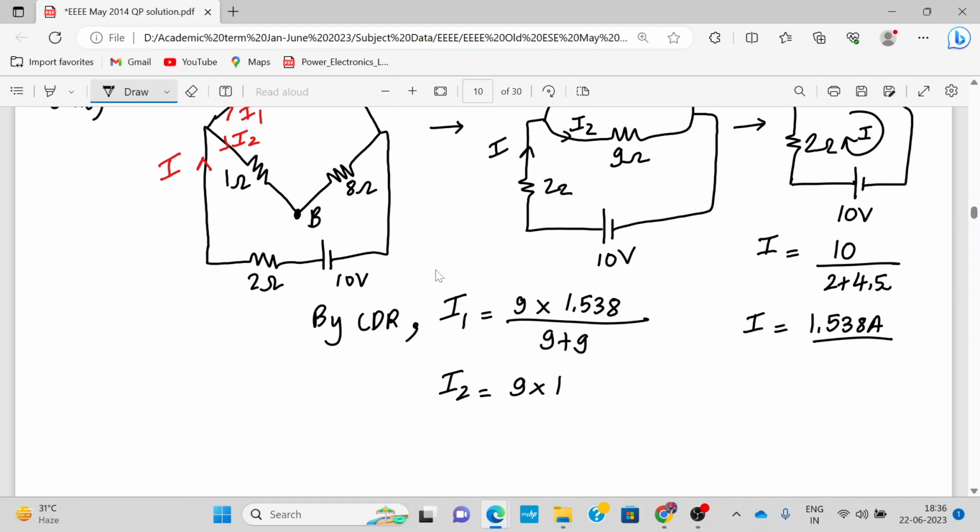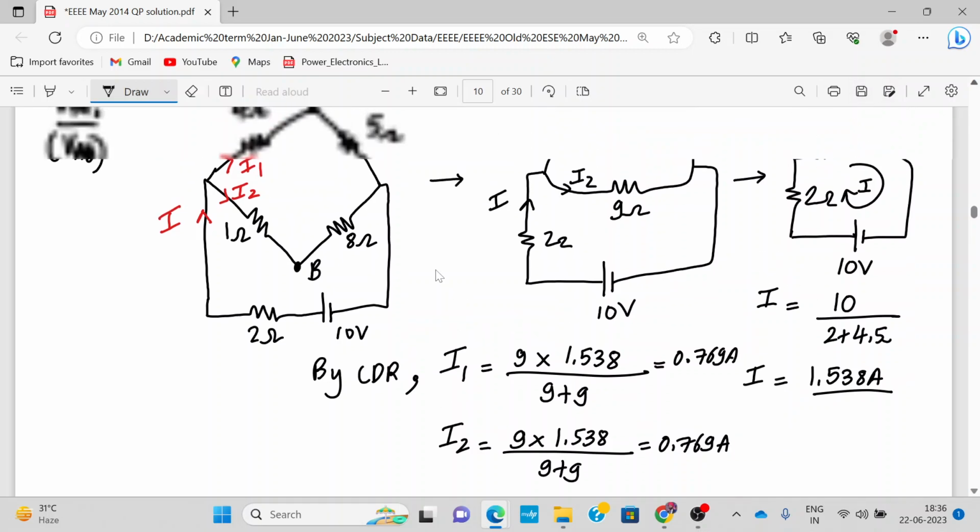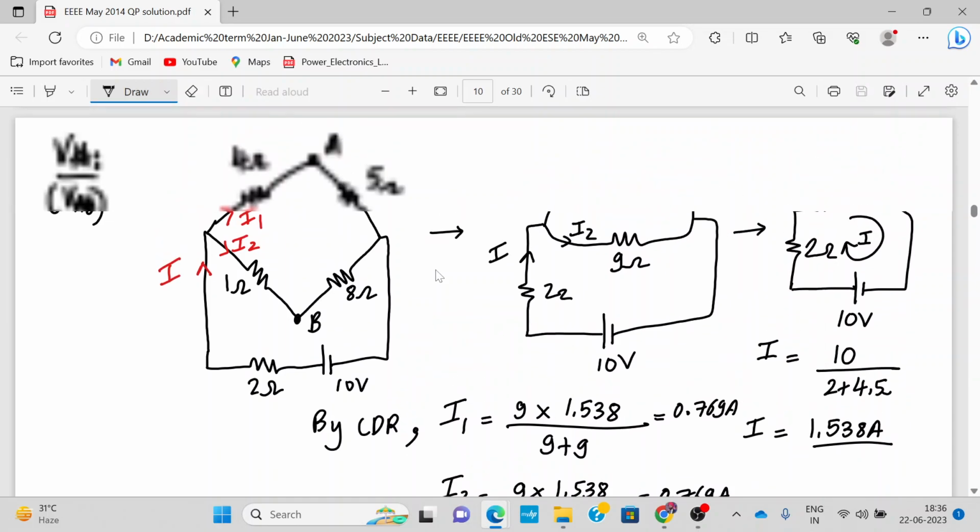Because both the resistances are same, so equal current flows through them. So this will come out to be 0.769 amperes. If you have a doubt, you can ask now, or else I shall proceed. How did we get these currents I1 and I2? By current division rule.